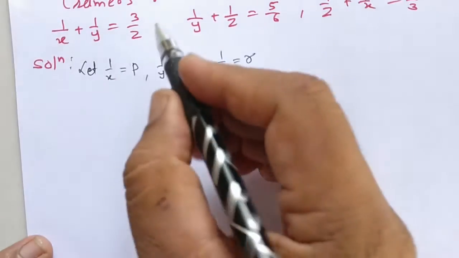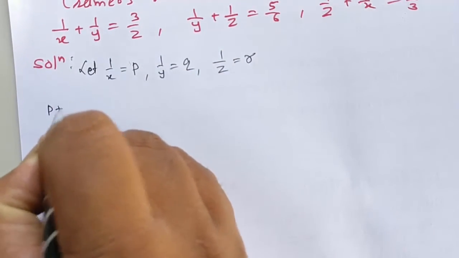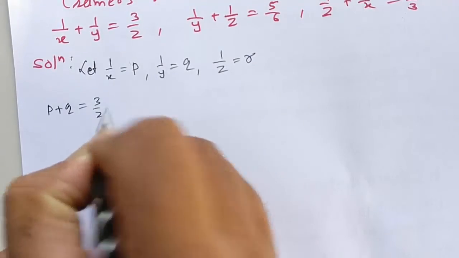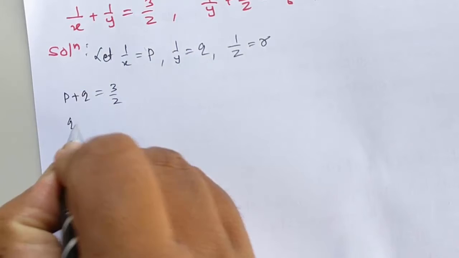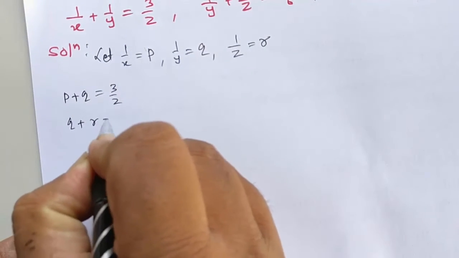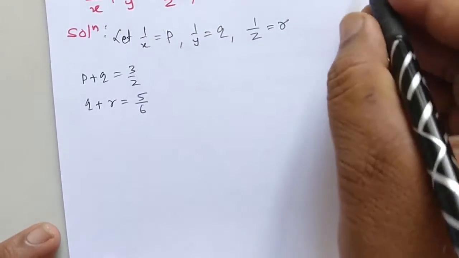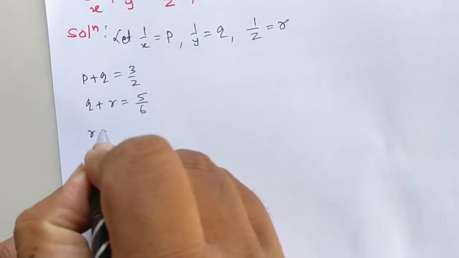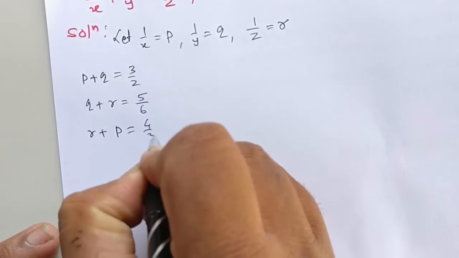The above system of linear equations reduces to p plus q is equal to 3 by 2. 1 upon y, that is q, 1 upon z is r, is 5 by 6, and 1 upon z is r, 1 upon x is p, is equal to 4 by 3.